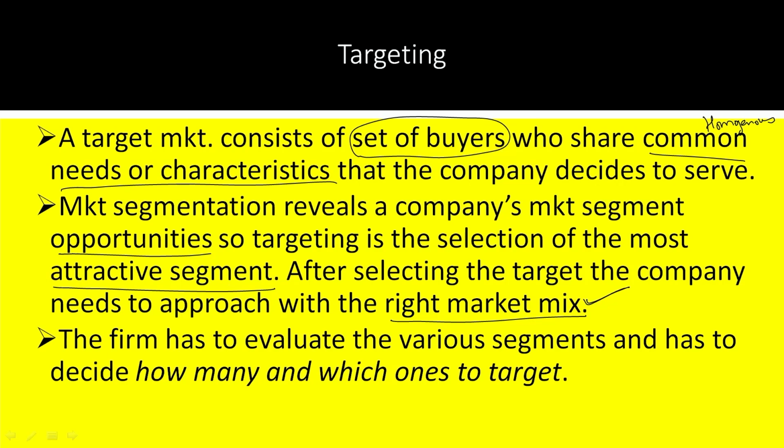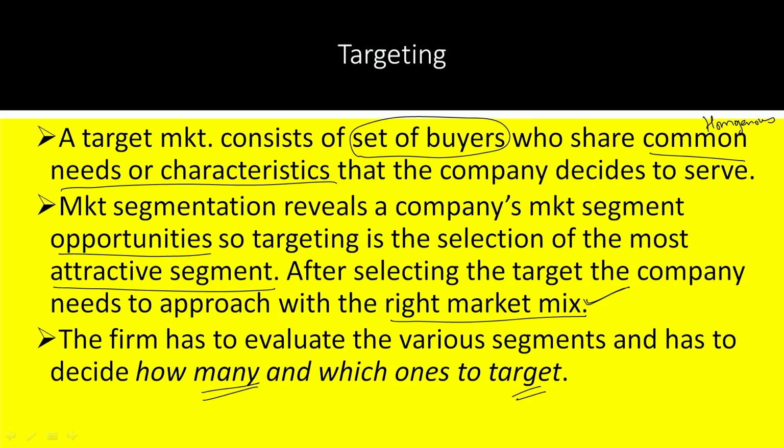Now, the company has to evaluate various segments, and then decide how many segments it wants to target. There is no such thing that a company needs to select only 1 or 2.